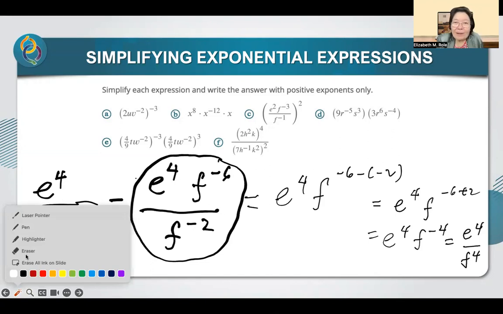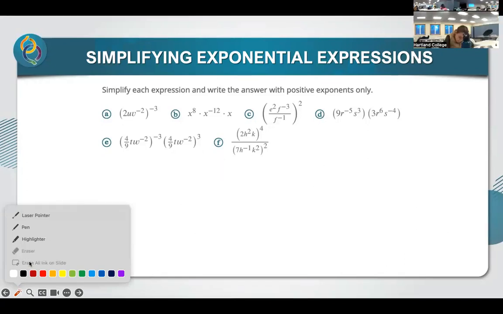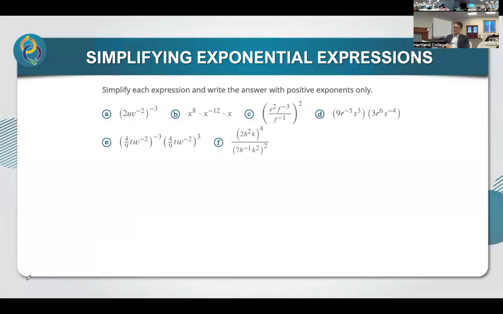Okay, now how about letter D? That one is a little easy because you have the same r. If you have the same base, you know what to do with the exponents. You begin with 9 times 3, which is 27.